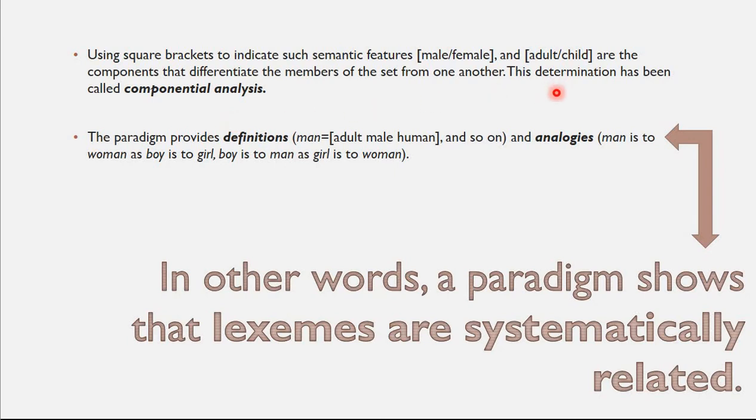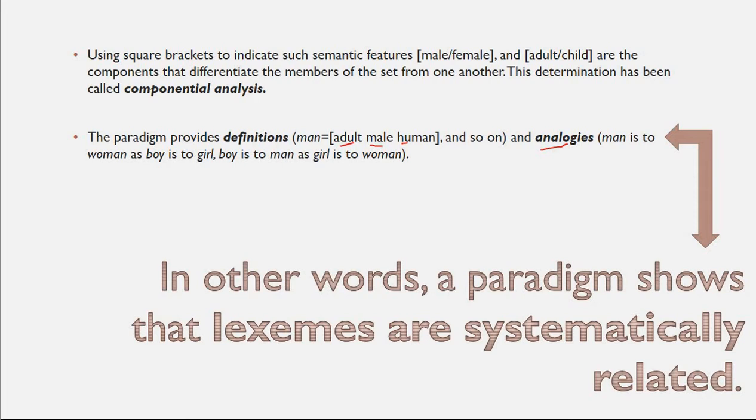And this determination, I mean the categorizing by using these square brackets, is called componential analysis. And the paradigm provides definitions, like man has the definition of adult, male, and human, and also analogies. Analogy means benzeşim, benzerlik in Turkish. So in other words, a paradigm shows that lexemes are systematically related to each other.